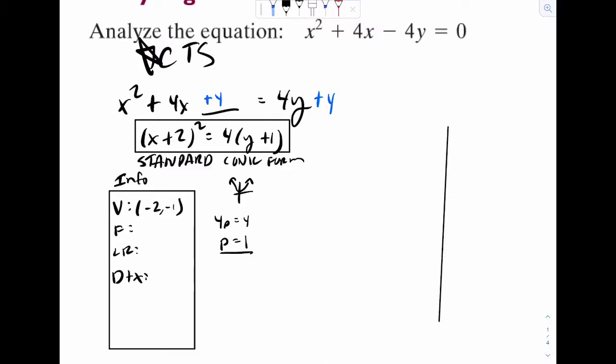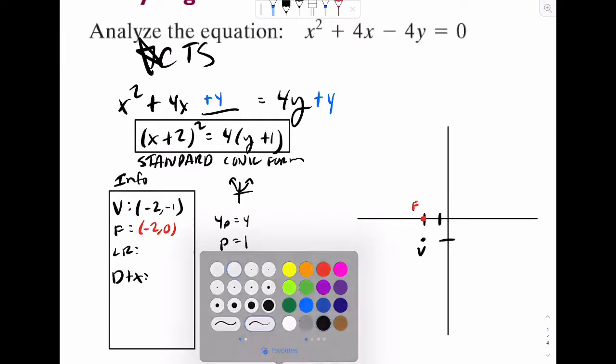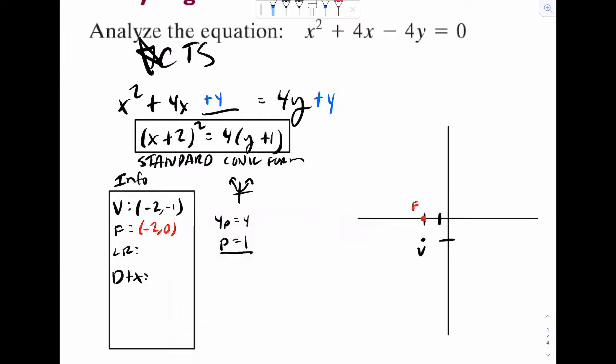So now when I graph it, let's sketch it. The vertex is -2, -1. So there's our vertex. If p is 1, that means I'm going to go 1 up, and our focus should be right here. So our focus is now -2, 0. And the LR is going to be 2p away, so 1, 2.